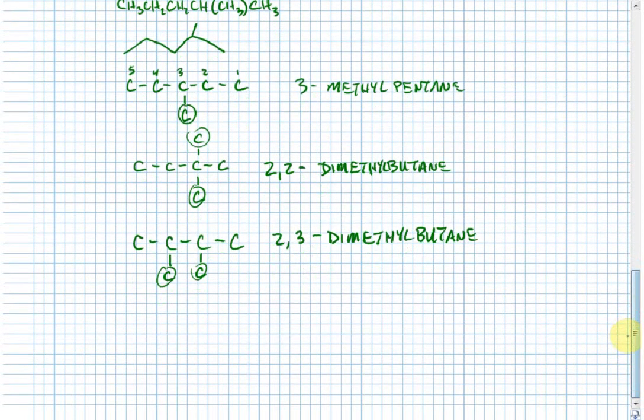Well, let's finish it up here. I think we've exhausted all the possibilities for 4-carbon chains, so how about a 3-carbon chain? Is that going to do anything? 1, 2, 3. Well, we've got now 3 carbons to play with. And what we discover is that, well, we might try this. Put a carbon here, maybe put a 2-carbon group here, and a 1-carbon group here.